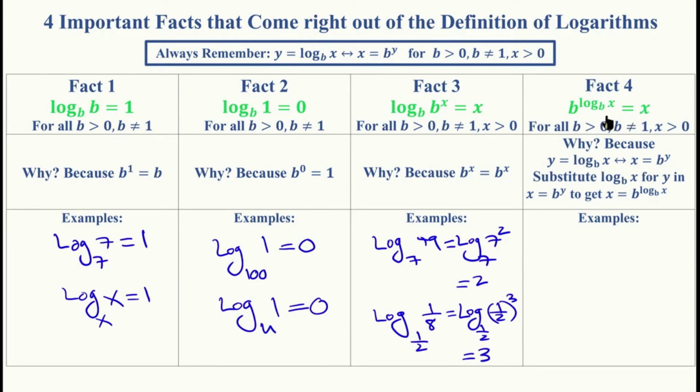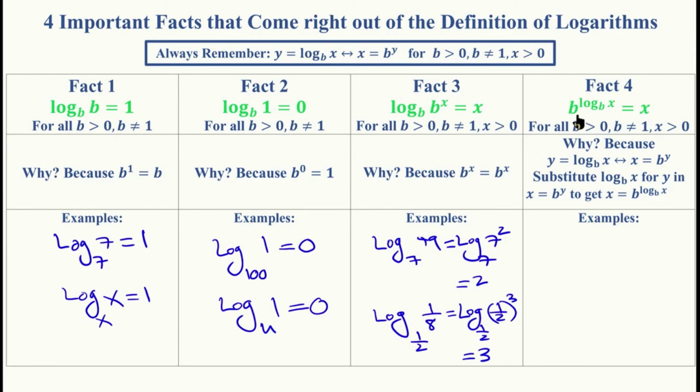So all we've done here is we've taken the y, which is the same as log base b of x, and we've put it instead of the y here. So we end up with b to the power of log base b of x equals x. So that's just from looking at it and doing a substitution, so it makes sense.